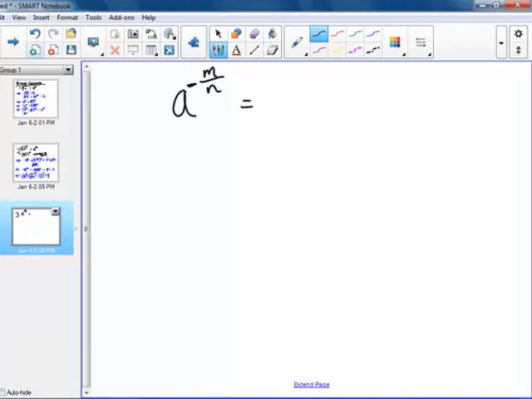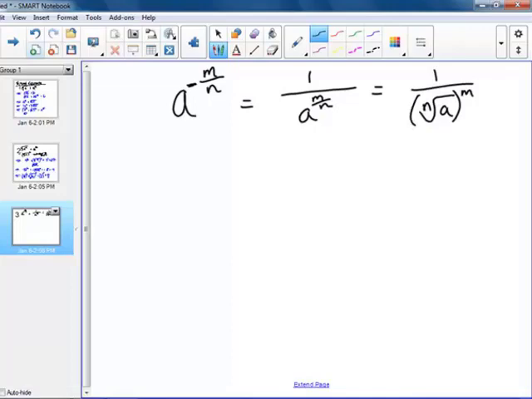So, using the rule we already know with exponents, when it's a negative exponent, first step, put it in the denominator and make it positive. This is the same as 1 over a to the m over n power. That's kind of the rule. This is the same as the nth root of a to the m power. You could write it like that.